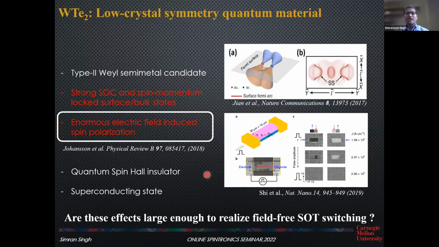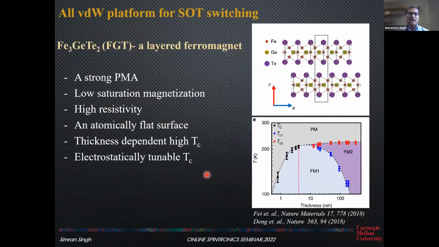So really for us, the question was: is this out-of-plane anti-damping torque, or spin current, large? Is this phenomenon large enough to switch the magnetization of a PMA magnet? That's what we were after, right? And for that, we worked on an all van der Waals platform for our SOT switching experiments, and we chose iron germanium telluride.